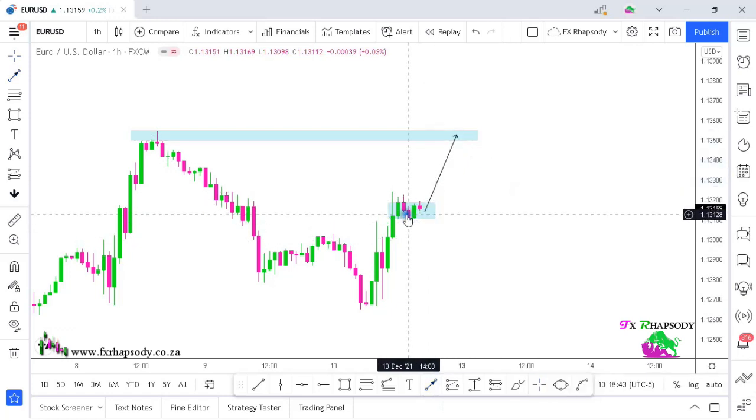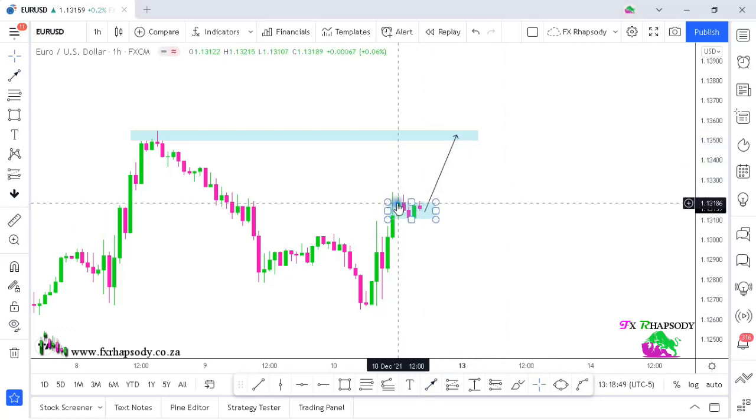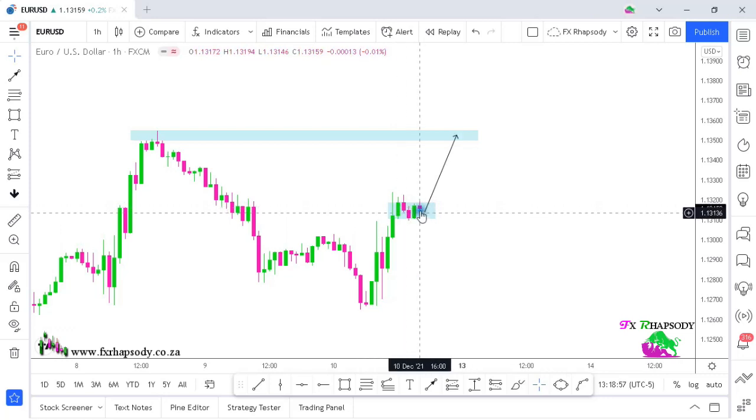Now we might see price breaking this little bit of consolidation, because this is where price ended up last week. It ended up by the close of market, it consolidated. It went into a little bit of a ranging phase, just indecisive, just closing out the week.